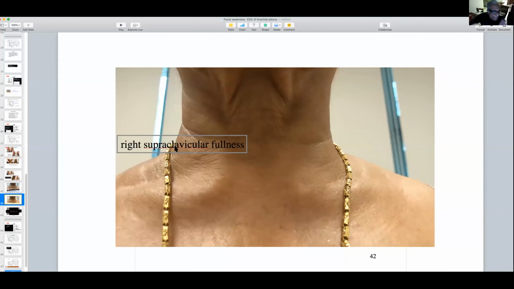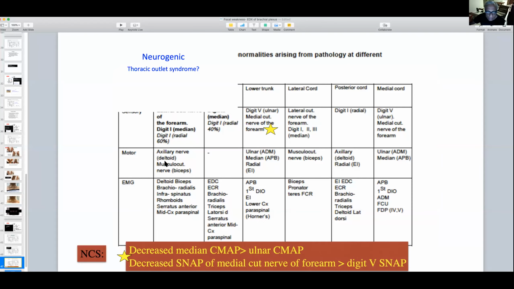Because the T1 component of the lower trunk gets affected more than C8, you're not surprised that the medial cutaneous nerve of the forearm is more affected than the digit 5 sensory potential. And the CMAP of median, which is predominantly T1, is affected more than the ulnar CMAP, which is predominantly C8.